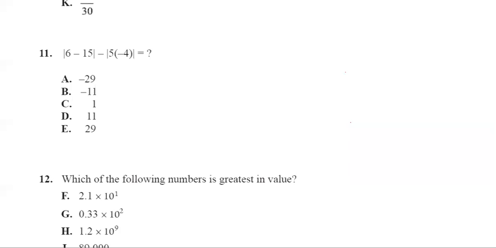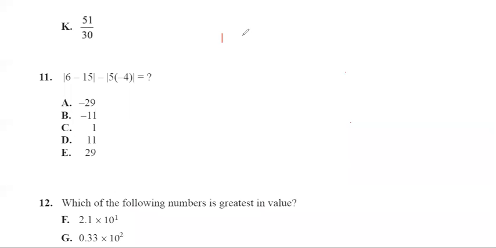Just as a background for absolute value, whenever we have 2 vertical lines, that is the absolute value of something, which basically means the distance from 0. On the number line, that is called the distance from 0. So in this question, we have 6 minus 15.